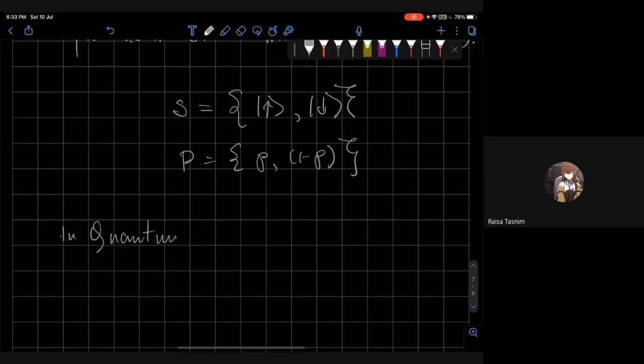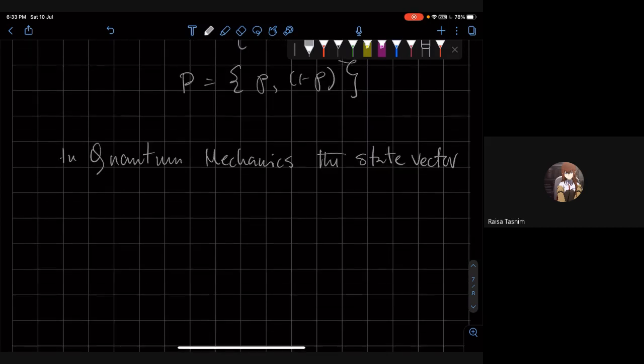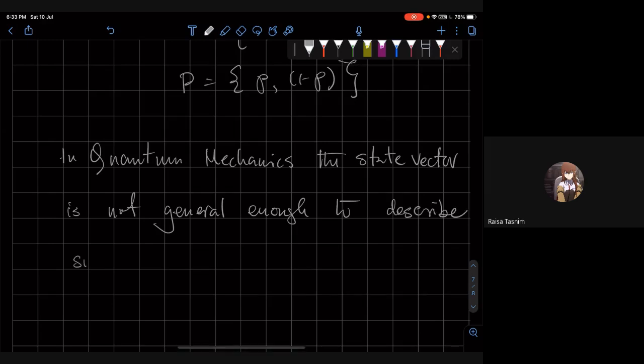So in quantum mechanics, the state vector is not general enough to describe such a probabilistic mixture of quantum states.